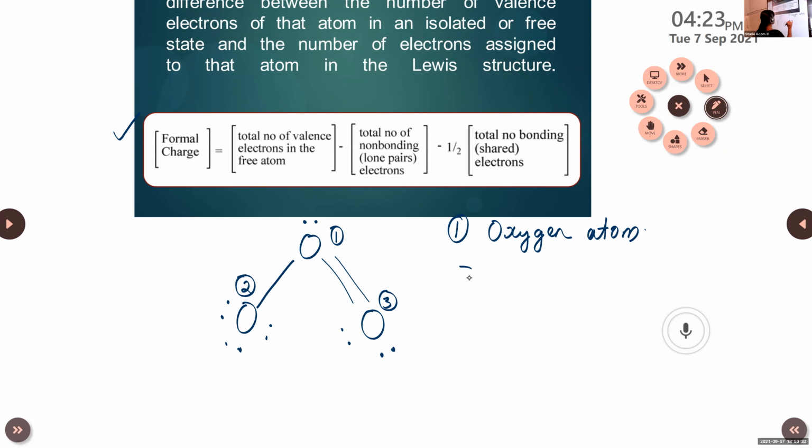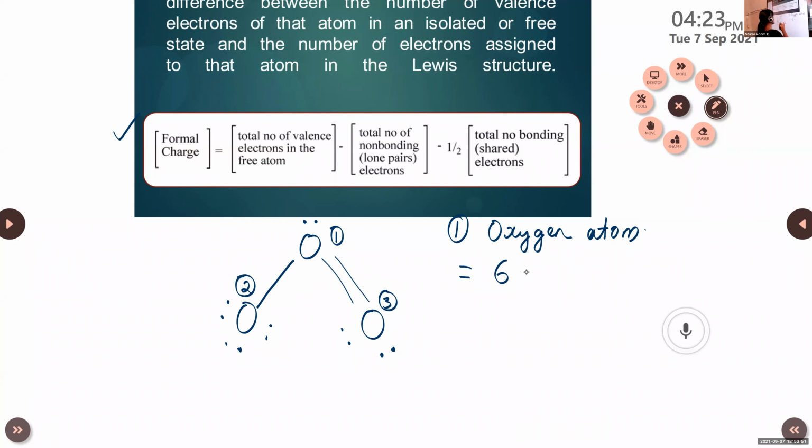So can you tell me the total number of valence electrons in the free atom of oxygen? It's 6, right?